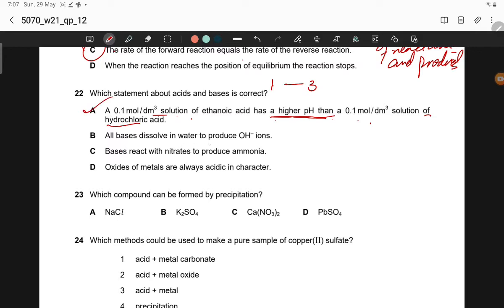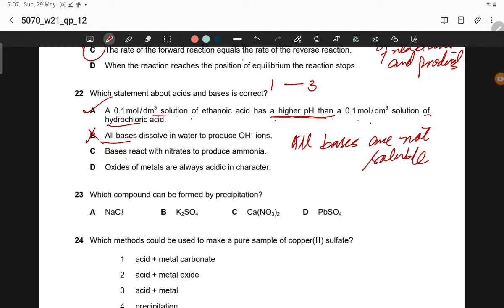All bases dissolve in water to produce OH ions? No, not all bases, because not all bases are soluble. So it will not produce OH ions. It is incorrect. Bases react with ammonium salts to produce ammonia.